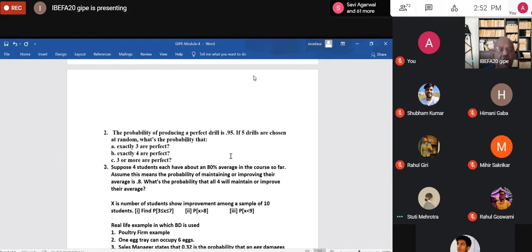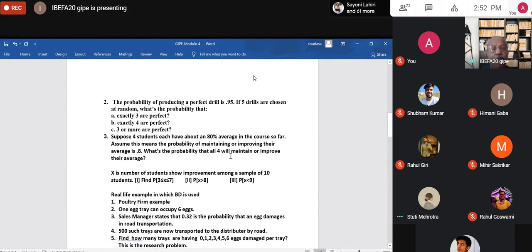Let us see the third one. 4 students each have about an 80% average in the course so far. 80% is a very good number for a student.